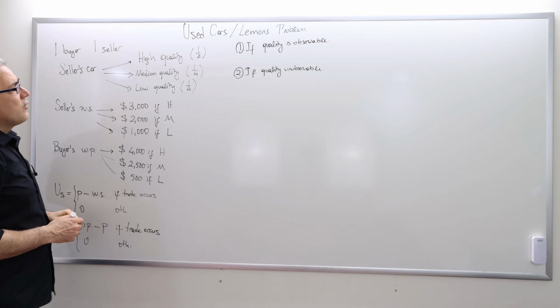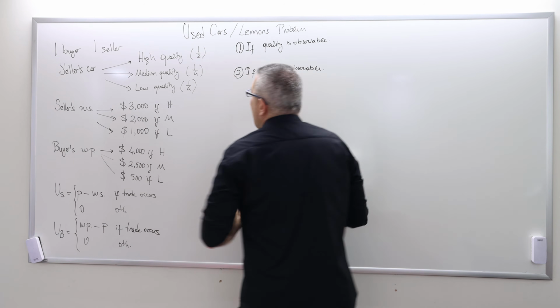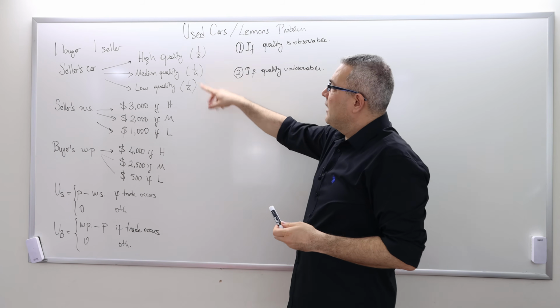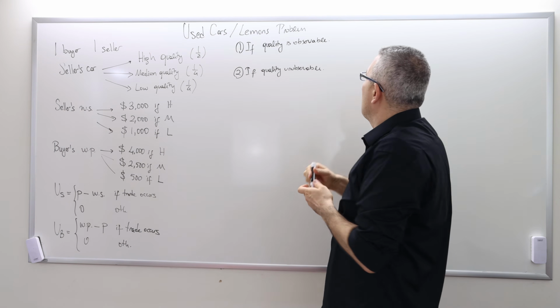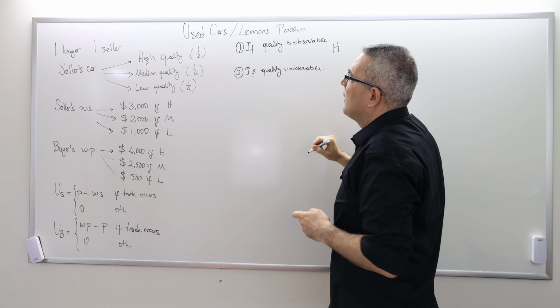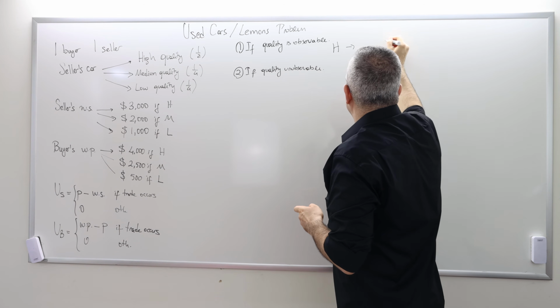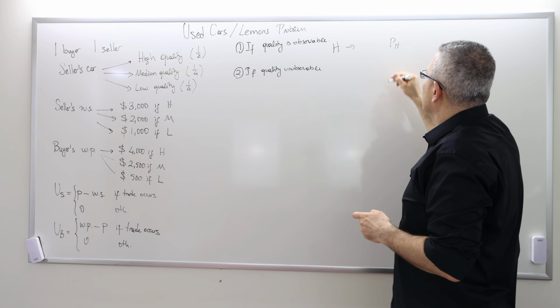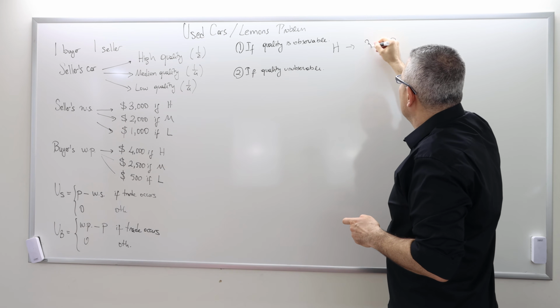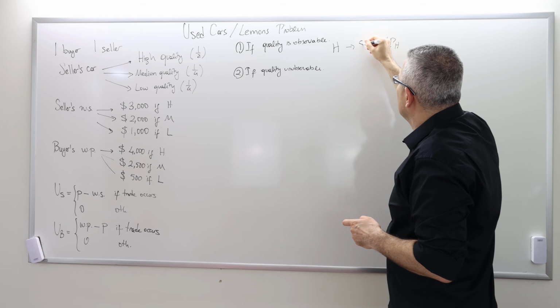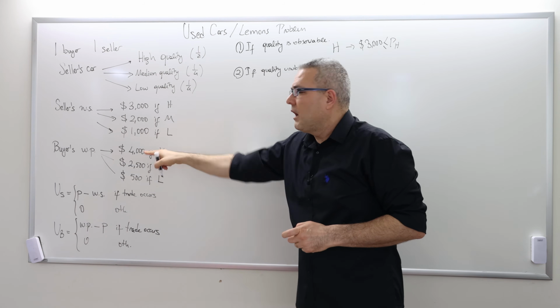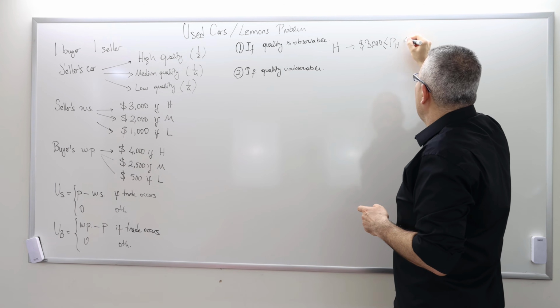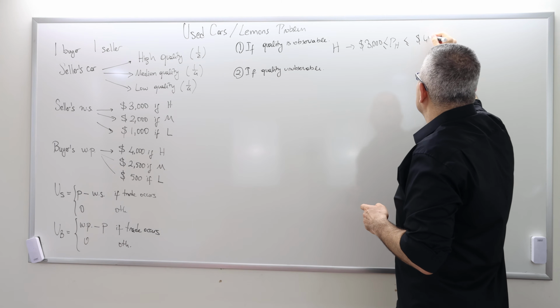If the quality is observed, and the car is high quality, the price is going to be PH. The seller is going to accept any price higher than $3,000, and the buyer is willing to pay up to $4,000.